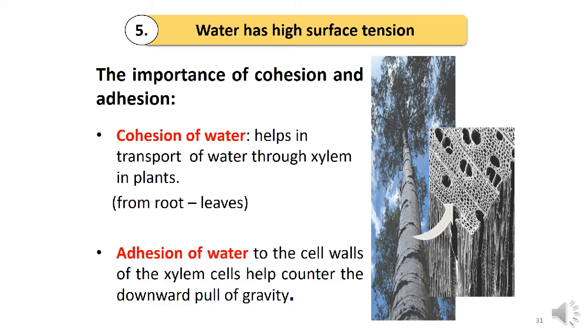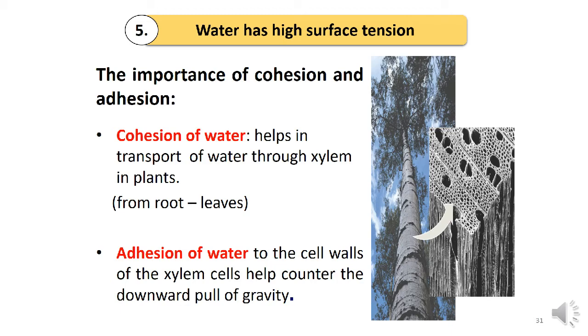Another importance of cohesion and adhesion under the property of high surface tension of water is that the cohesion of water will help in the transport of water through the xylem in plants. For example, the water will be absorbed starting from the root, and then move towards the leaf, which is against gravity. So through cohesion, the water attracts other water molecules to move from the root towards the leaf.